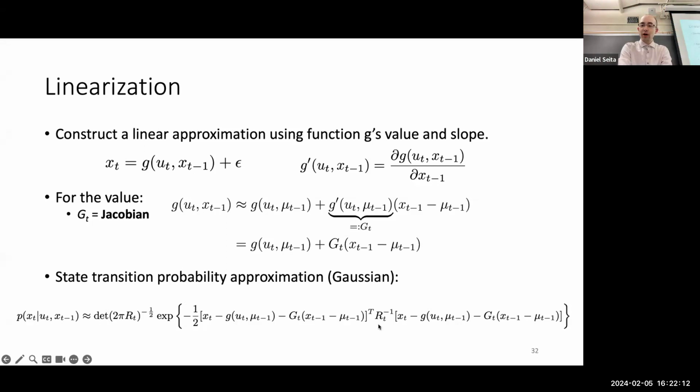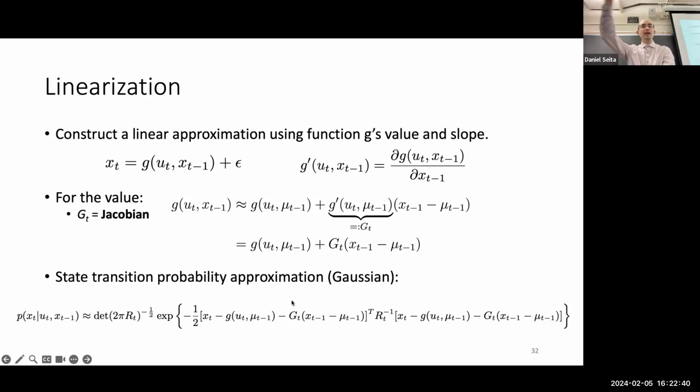And the reason it looks like this is that xt is the variable that we're interested in. So every time you have this here, you have to repeat it here, and then this whole thing becomes the mean, the mean vector, right? So the mean is g of the action and the prior mean plus this term, and then you just copy that here.